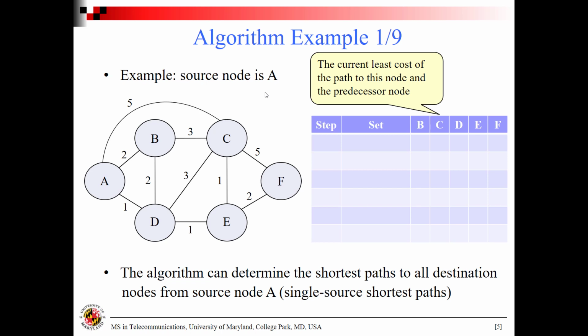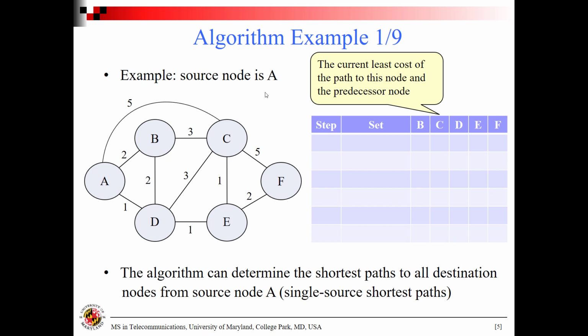Okay, so the nice thing about this algorithm is that once you run the forward part of the algorithm, then it's very, very easy to determine the shortest or the least cost path to all other destinations from that particular source node. Because of that reason, Dijkstra's algorithm is also sometimes called the single source shortest paths, because it calculates the shortest paths from a given source node to all destination nodes.